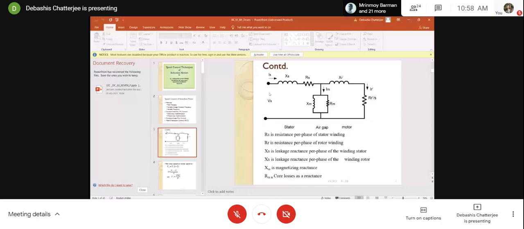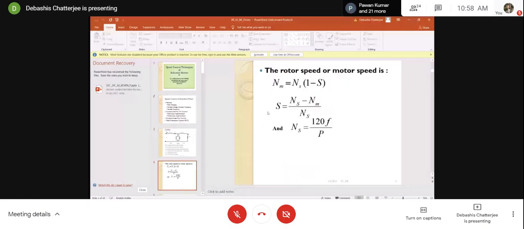Now if you analyze it, again the same thing I was talking about, the rotor speed is given by ns into 1 minus s. Normally we try to vary ns to vary the motor speed, because the factor of slip is very negligible.